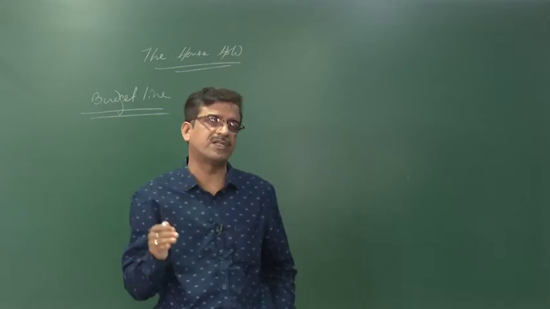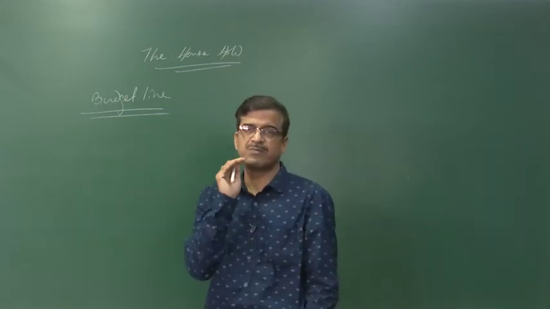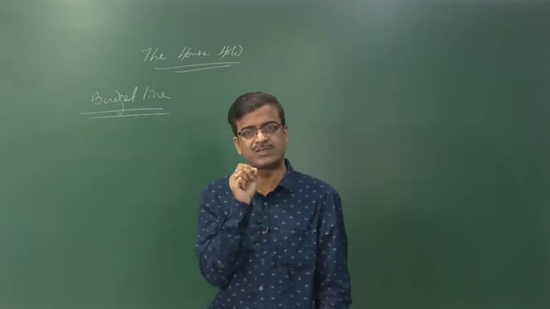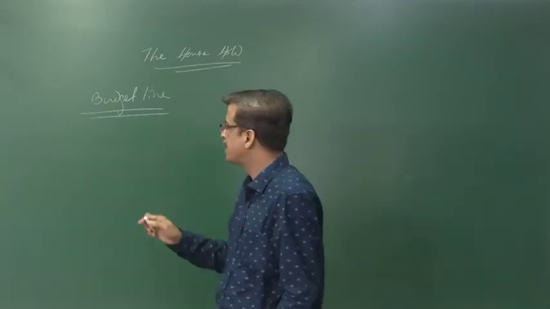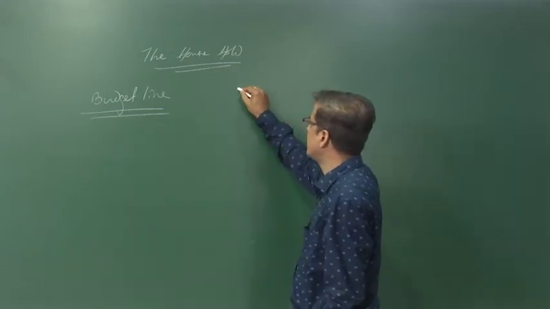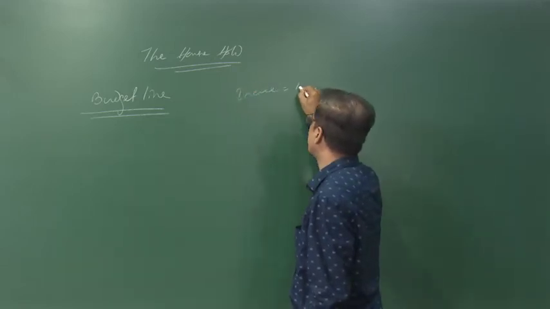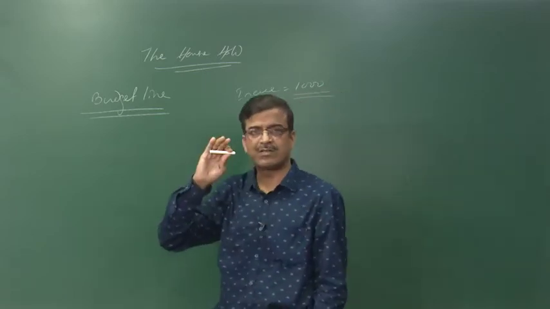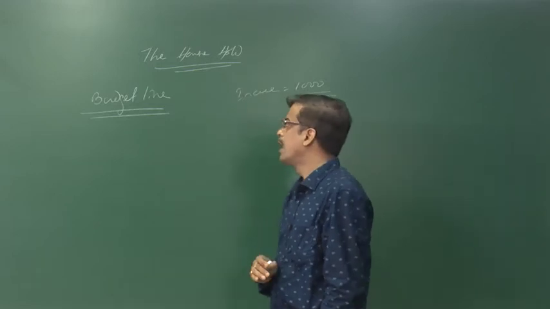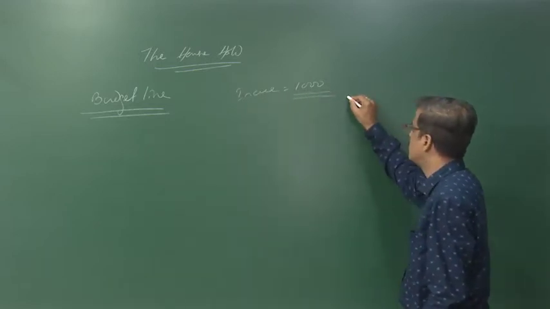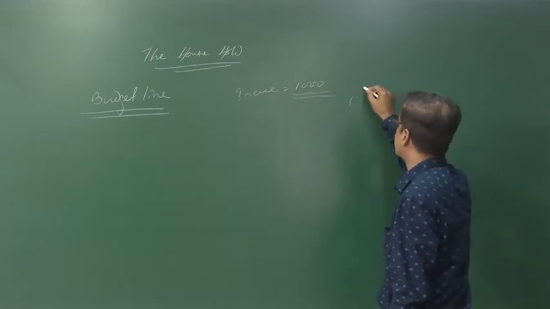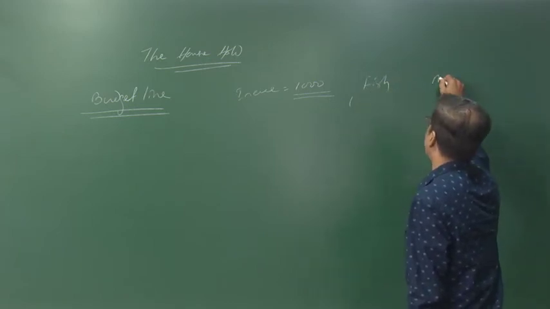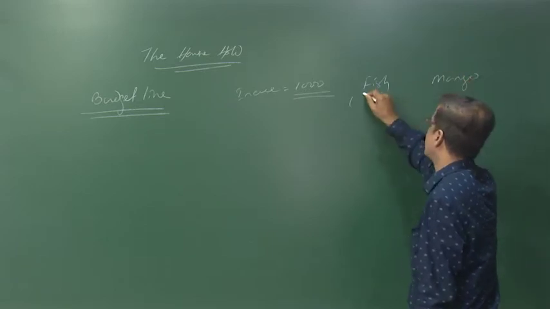It is a locus of points in which the consumer must spend a constant amount, that means his income is fixed. Let us assume the consumer's income is 1000 rupees, and the consumer is going to consume two products. One is, let us say, fish, and another one is mango.